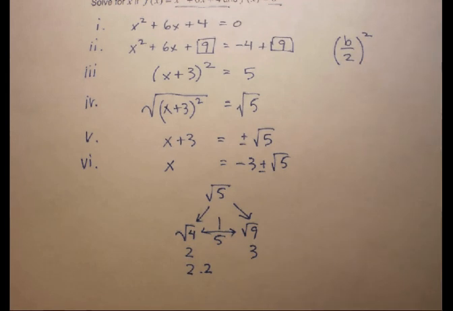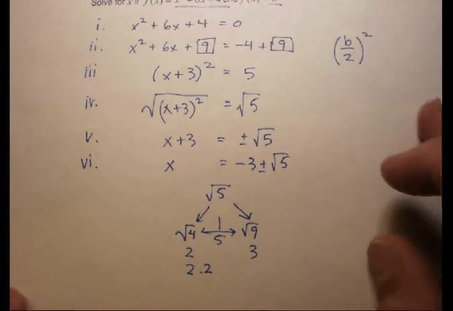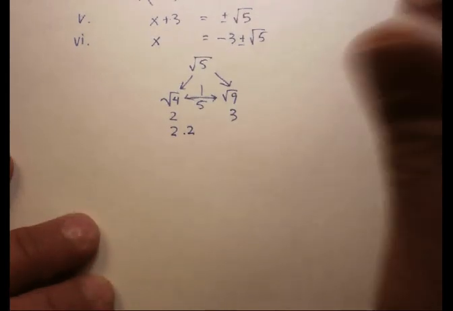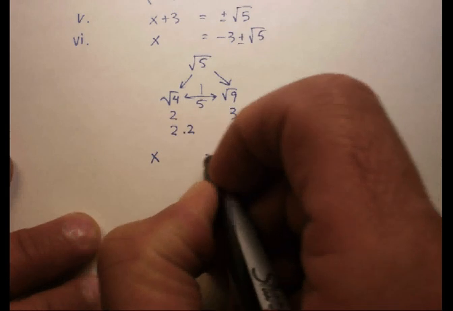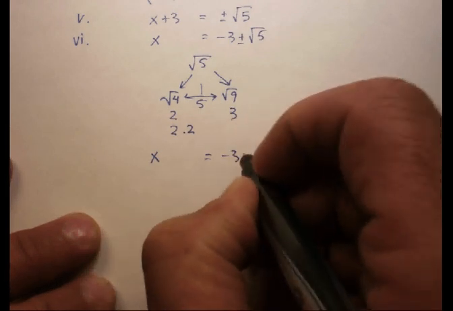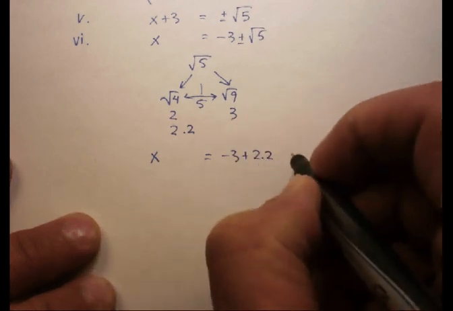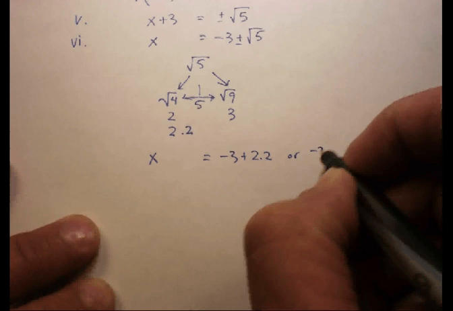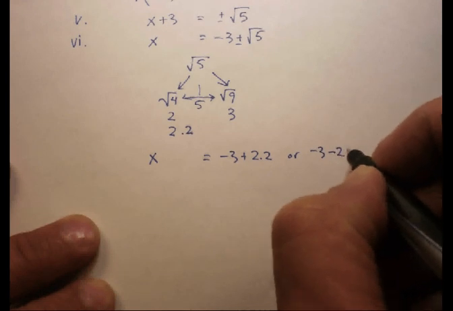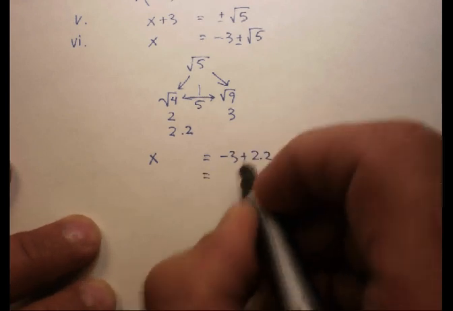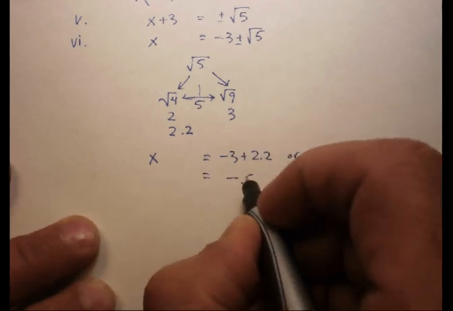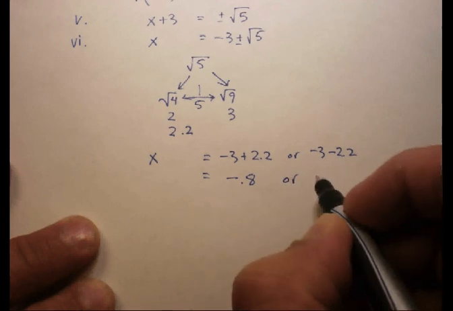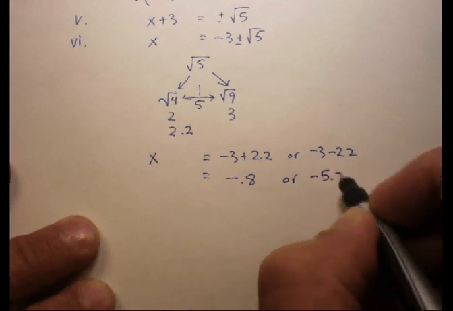If I go back up here and plug that in, I get x is equal to negative 3 plus 2.2, or x is equal to negative 3 minus 2.2. That gives me a negative 0.8 or a negative 5.2.